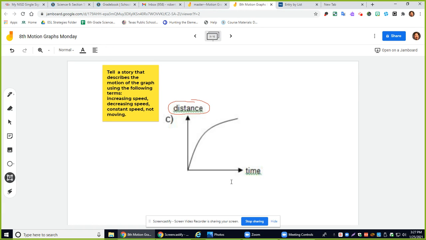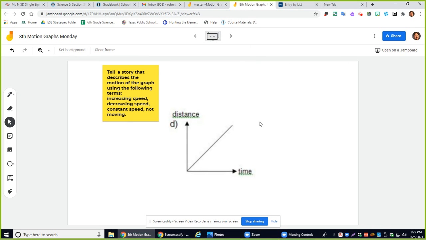You should recognize by this point that this graph represents an object going away from the origin, and that it is slowing down. Distance time, so this is meters per second.